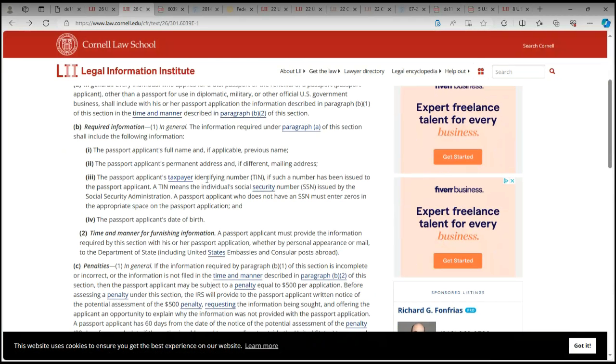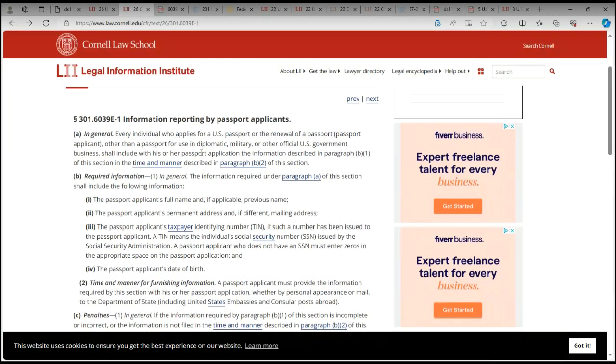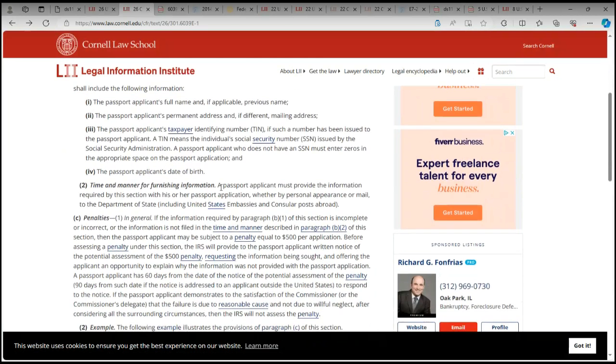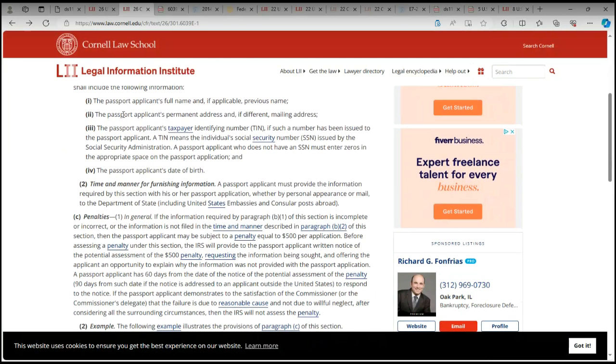Section B, Part 1. In general, the information required under paragraph A of this section shall include the following information. 1. The passport applicant's full name and, if applicable, previous name. 2. Passport applicant's permanent address and, if different, mailing address. 3.